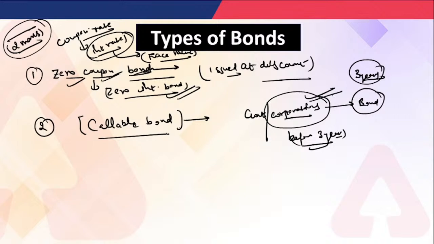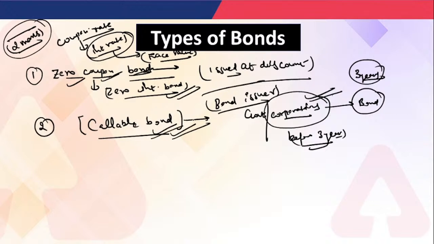So that is known as a callable bond. So whenever a bond is called back by the company, by the corporation, by the bond issuer, you have to understand, called back by the bond issuer before it matures, that is known as a callable bond.